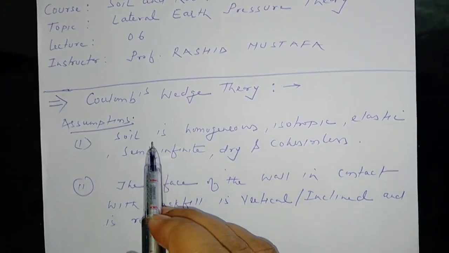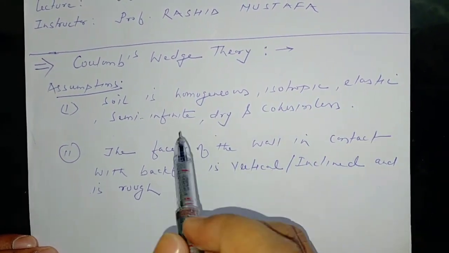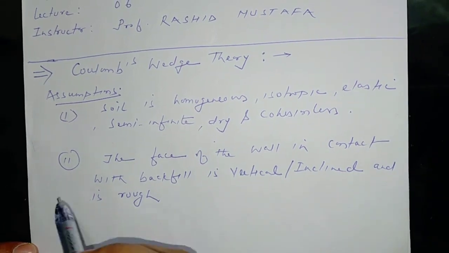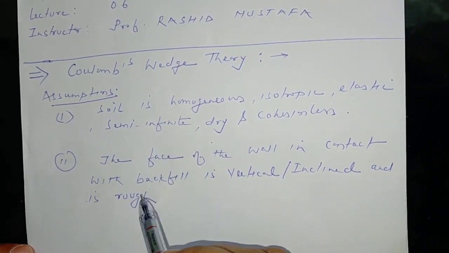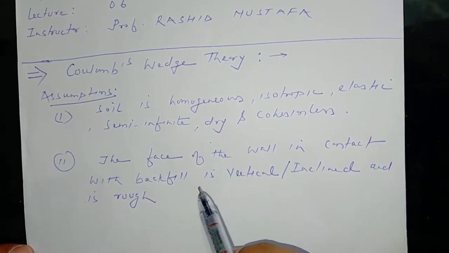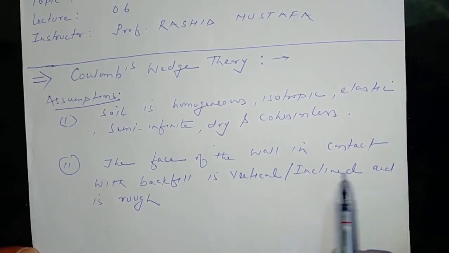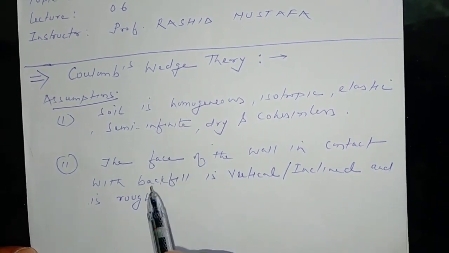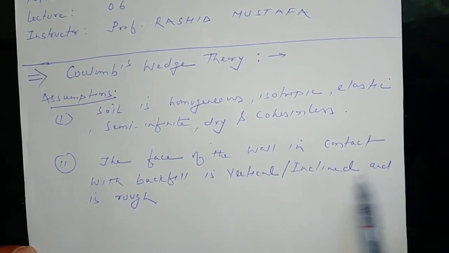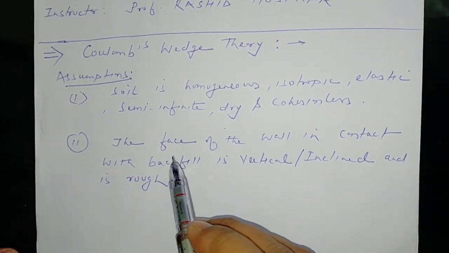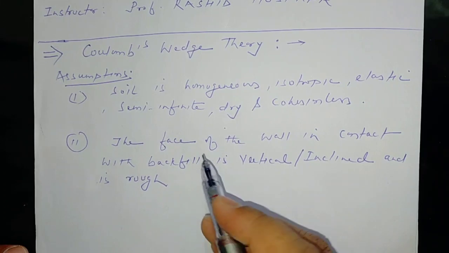The first assumption is the same as Rankine: soil is homogeneous, isotropic, dry, and cohesionless. But for the second assumption, Coulomb has taken the face of the wall in contact with backfill as either vertical or inclined and rough. Rankine has taken the face of the wall in contact with backfill as vertical. So this is the major difference between Rankine and Coulomb.